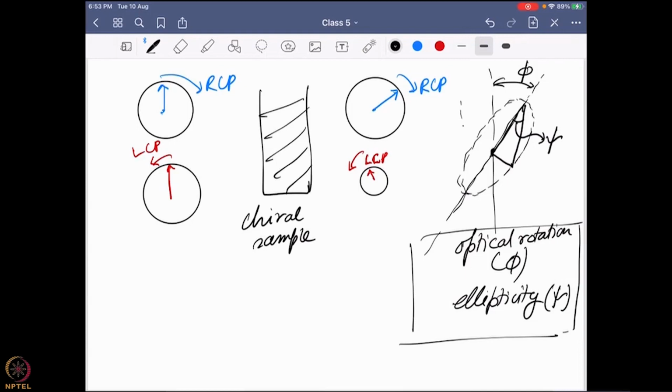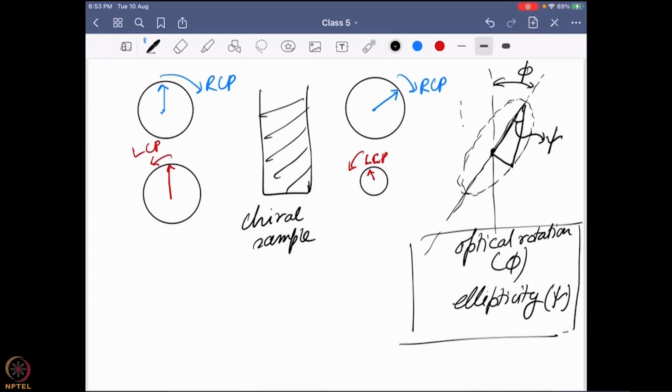Now, two questions remain. The first one is much simpler: which one of them should we use experimentally, circular dichroism or circular birefringence, to monitor an enantiomer or enantiomeric excess of a chiral molecule? And the second, more important philosophical or fundamental question remains: I understand that it can create the difference and it can detect the right hand and left hand circularly polarized light, but why?